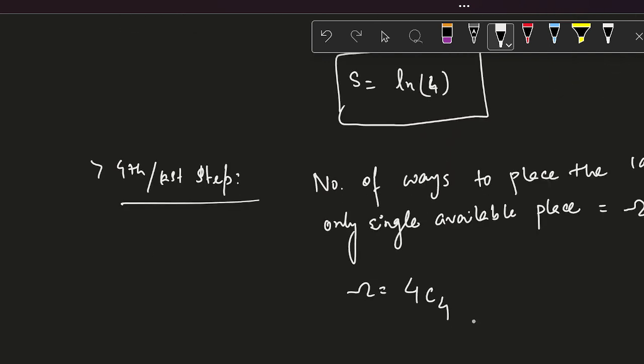So how many number of ways is just 4C4 combinatorial approach, and this is again 4 factorial by 4 factorial into 4 minus 4 factorial, which is 0 factorial, nothing but 1. So this is 4 factorial and 4 factorial cancels out, and this is just 1 by 1 into 1, and this is just 1. So your S is just ln of 1, which is 0. Again for the fourth step you have 0.